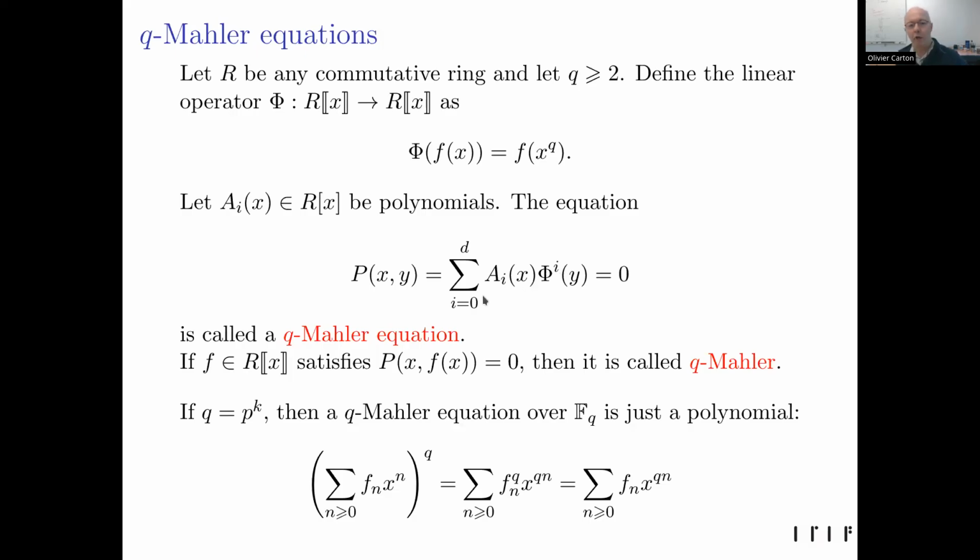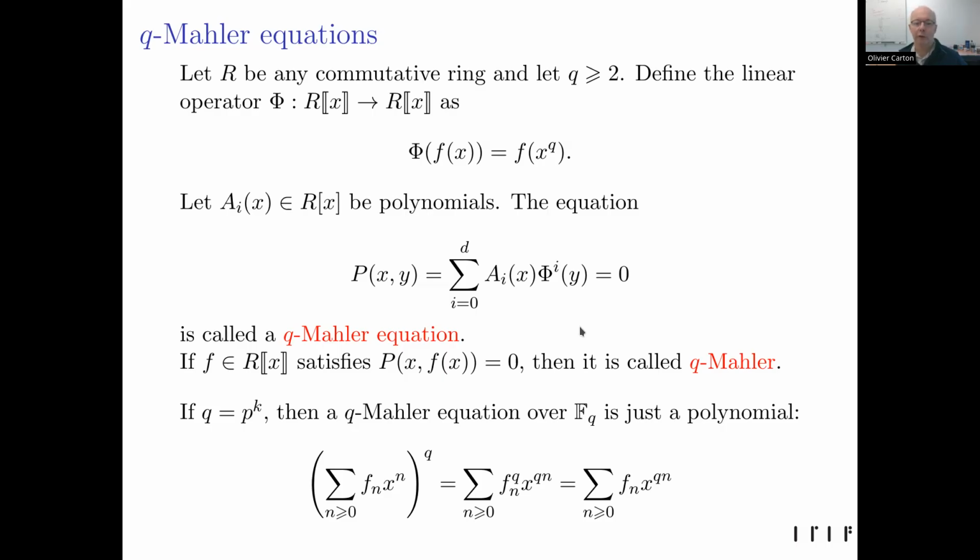And we call such equations Mahler equations. We say that f is q-Mahler if it satisfies a q-Mahler equation, so if we replace y by f(x), then it should be equal to 0. And then the power series is called q-Mahler.